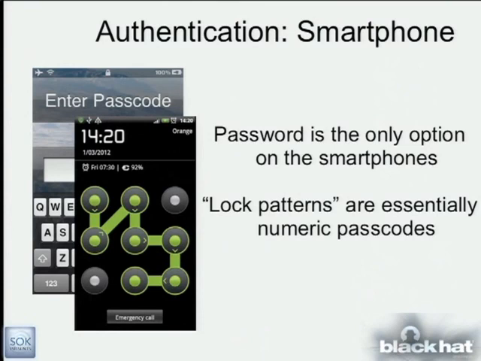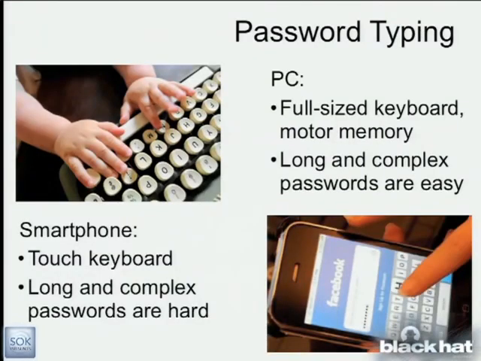In this example, the corresponding password will be something like 1425698, just the numbers which define the route you swipe the pattern. So the password is the only common and reliable way of performing authentication on smartphones, but there are problems associated with it.